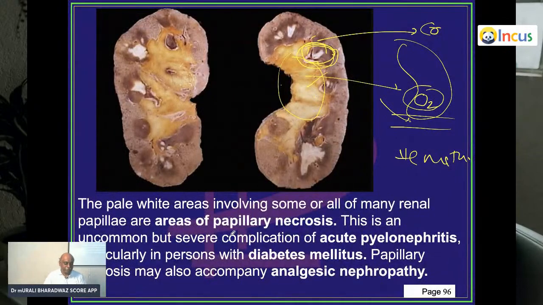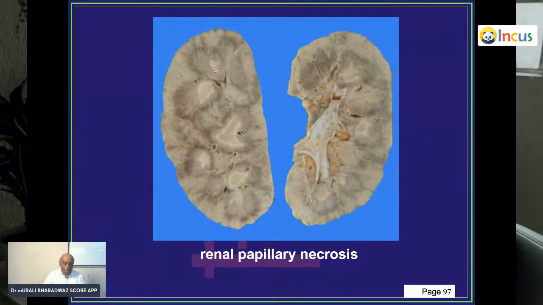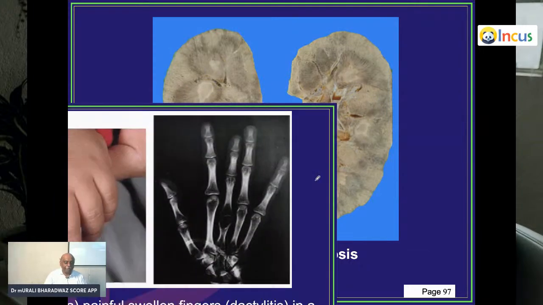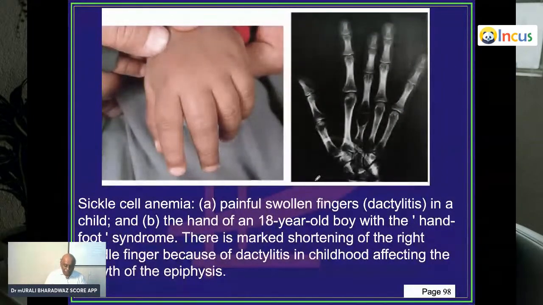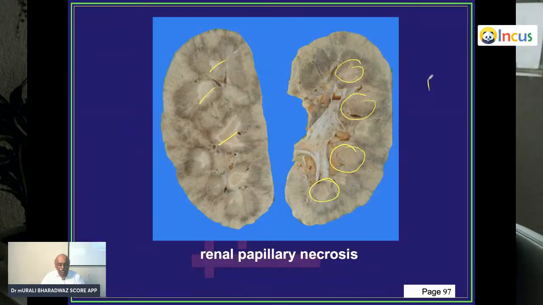Now let us look into it. So what is this you are seeing, doctor? Acute papillary necrosis. These are all the scars formed by acute papillary necrosis. Now one more favorite MCQ of the examiner, anyway we will discuss once more: what are the 4 causes of acute papillary necrosis? Most important cause is diabetic nephropathy.